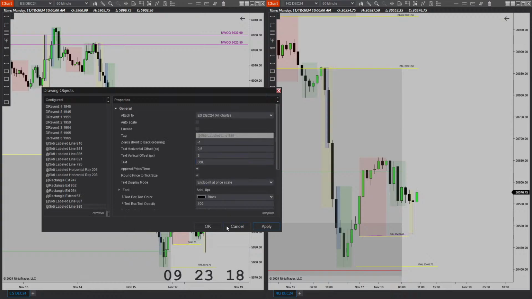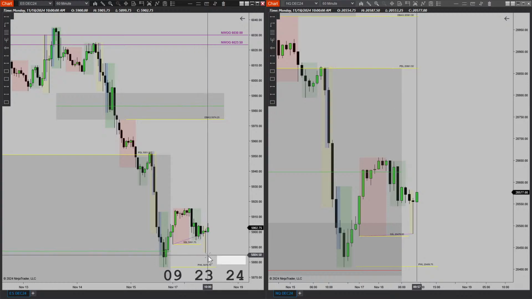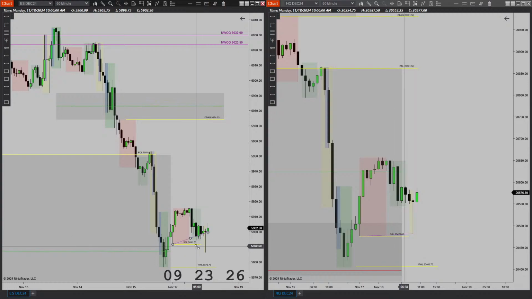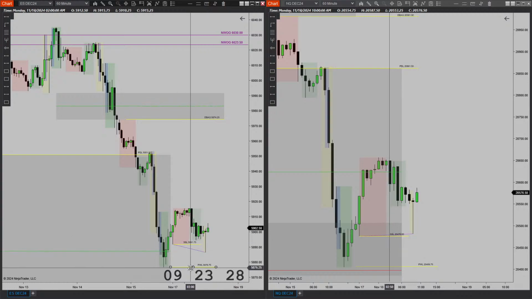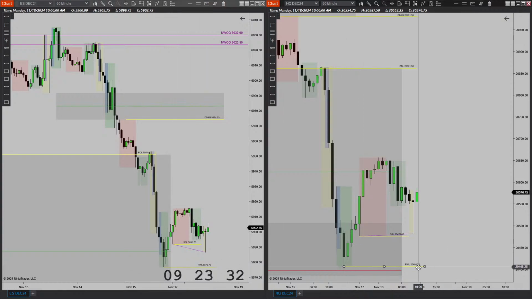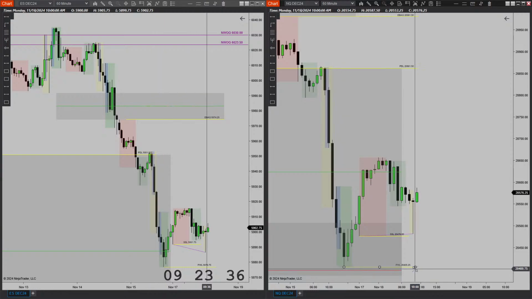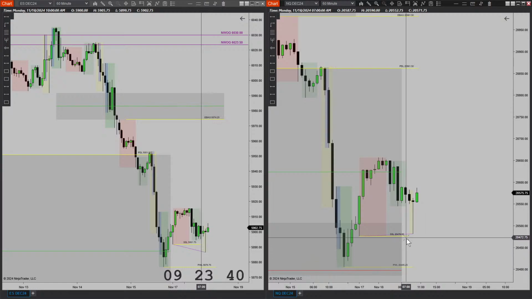And sell side liquidity. Yep, sell side liquidity.